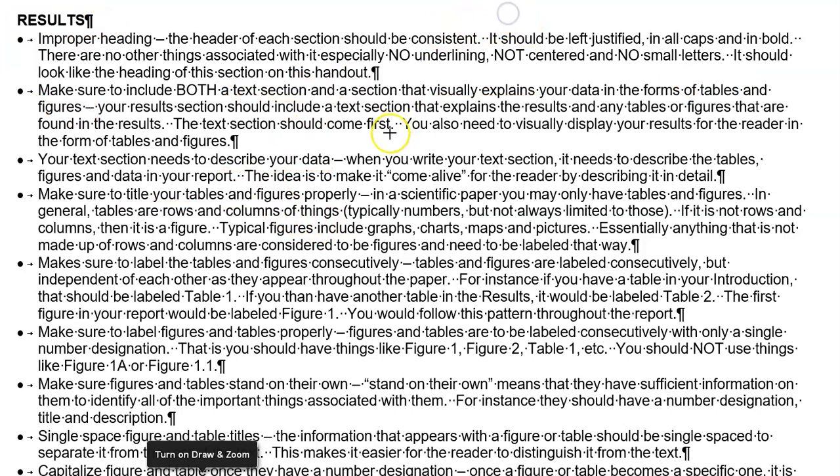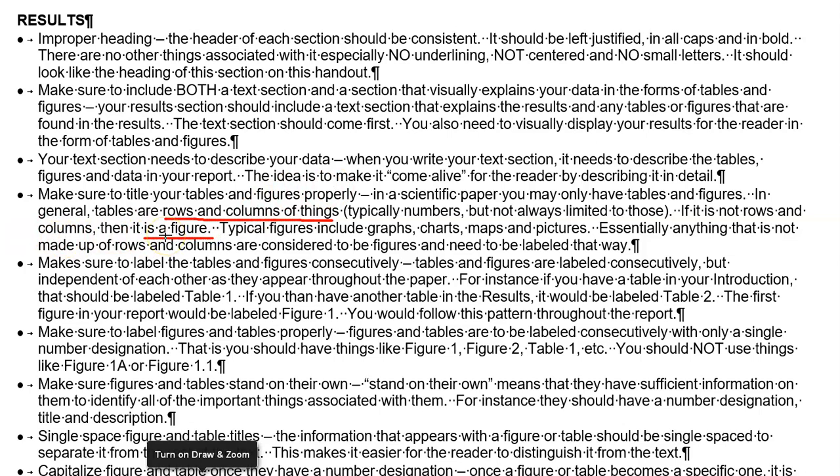Okay, so I'm going to erase this so I can see. As a matter of fact, I'll make this not quite as wide. When we look at a table, just ask, is it rows and columns of things? If it is, then you call it a table. If it's not rows and columns, then it is a figure. So those are the only two things you can have.